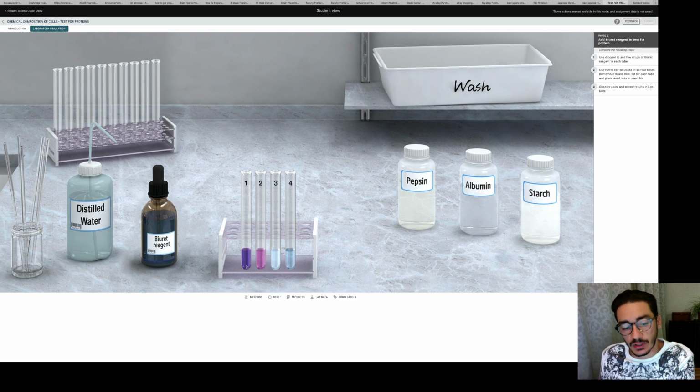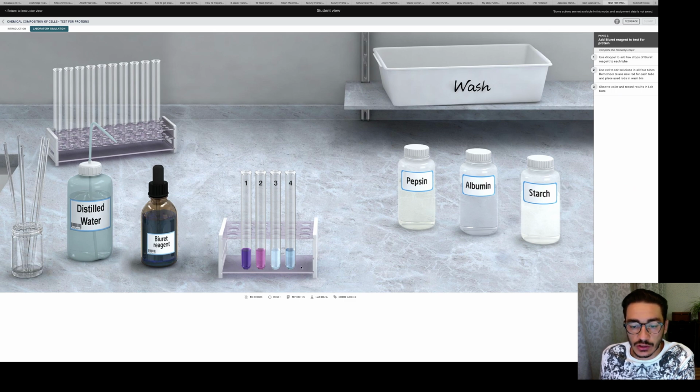With the pepsin, you have a high concentration of a protein, a high concentration of pepsin, and when you have pink, it means you have a low concentration of albumin, right? Low concentration. So that's why it turned pink. But the third one and fourth didn't change, right?